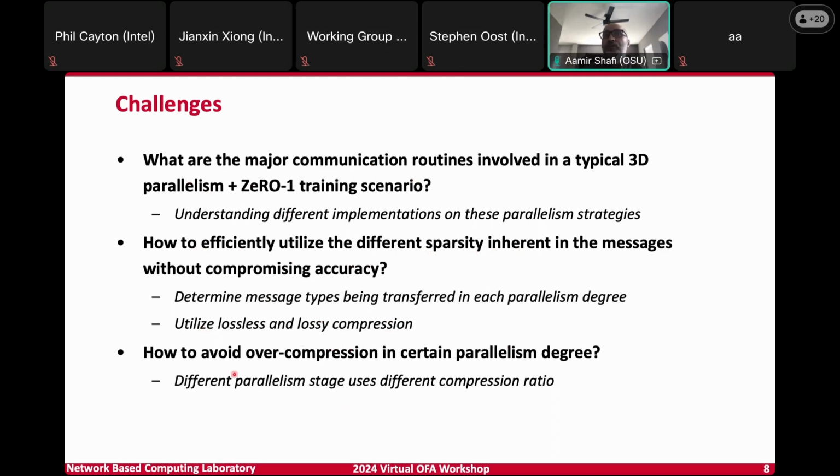And how do we avoid over compression in certain parallelism degrees? This has to do with whether using compression leads to a drop in accuracy, and if so, how we mitigate that.